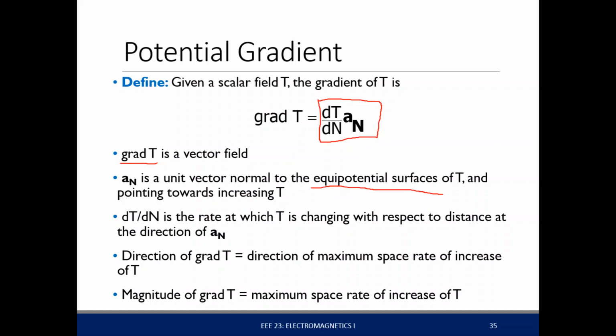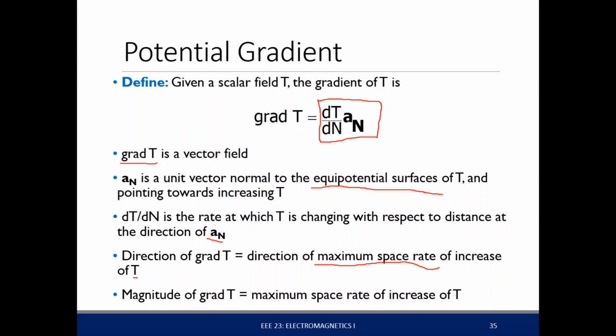Your dT over dn is the rate at which T is changing in the direction of an, and the direction of the gradient of T is the direction of maximum space rate of increase of T. Okay, so the direction always points to the maximum rate of increase of your scalar field.